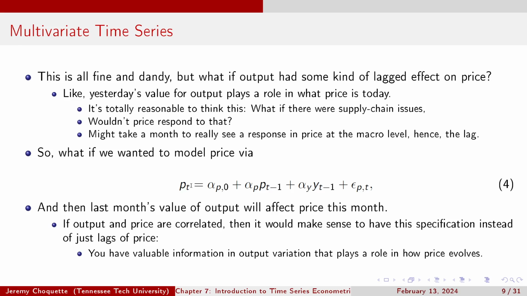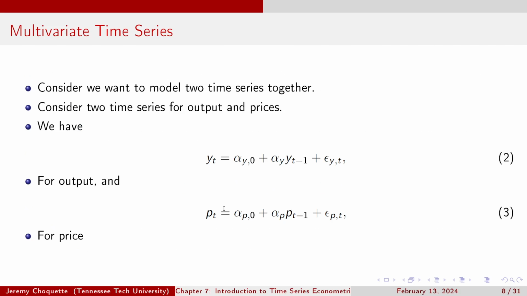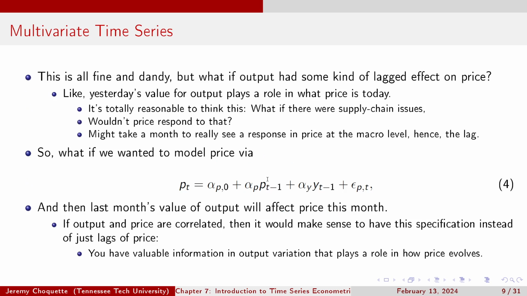So if we got prices here, right, what I had in equation 3 was price just being a function of the last period's price level, which we got right here. But also, what if I had last period's output? Because that might play a role in determining what price is today.